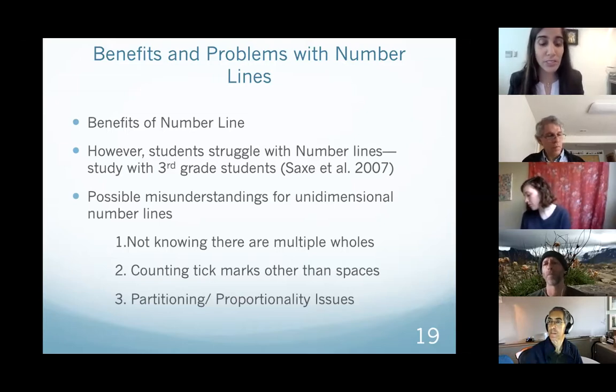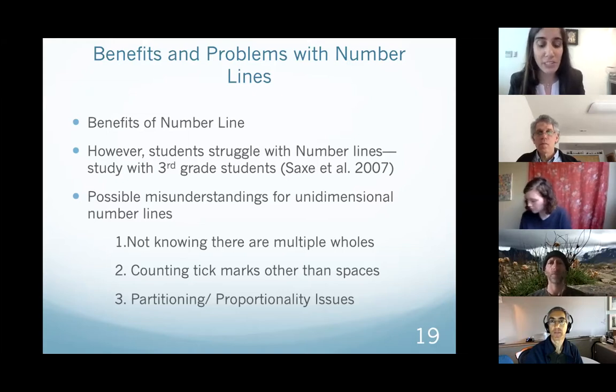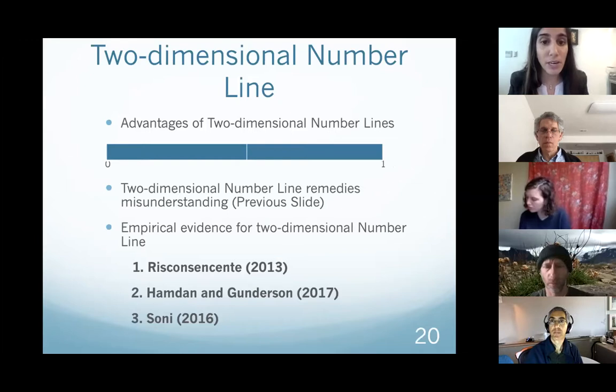The other one is that because it's like a part-whole representation, you can see the actual space become salient, and it's easier to count the spaces in that case. And the other reason is that because it's a rectangle, students know better to partition it into equal parts to identify where the fraction is on the number line. So the two-dimensional number line basically combines the endpoints of a number line with a thin rectangle, which is a part-whole representation.